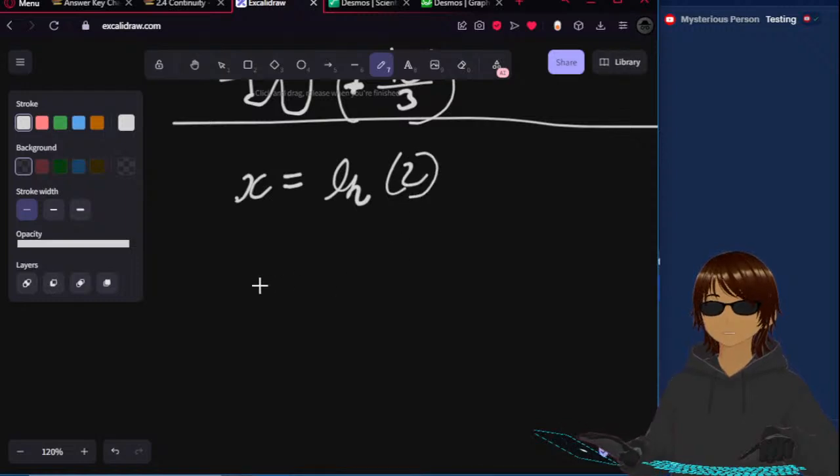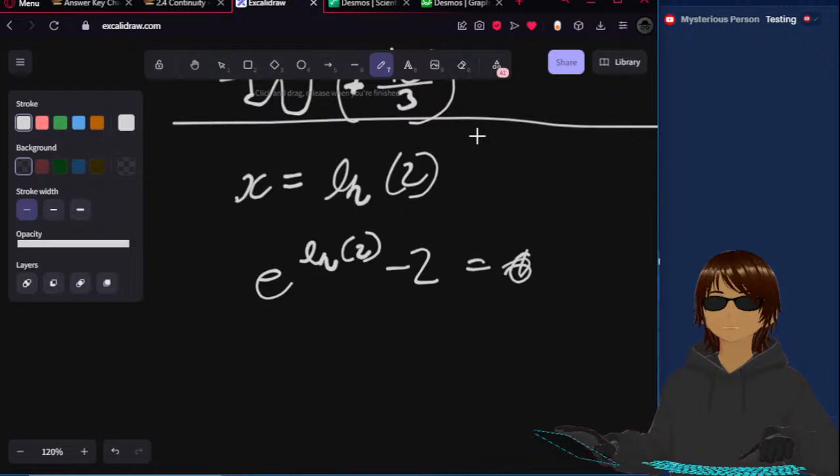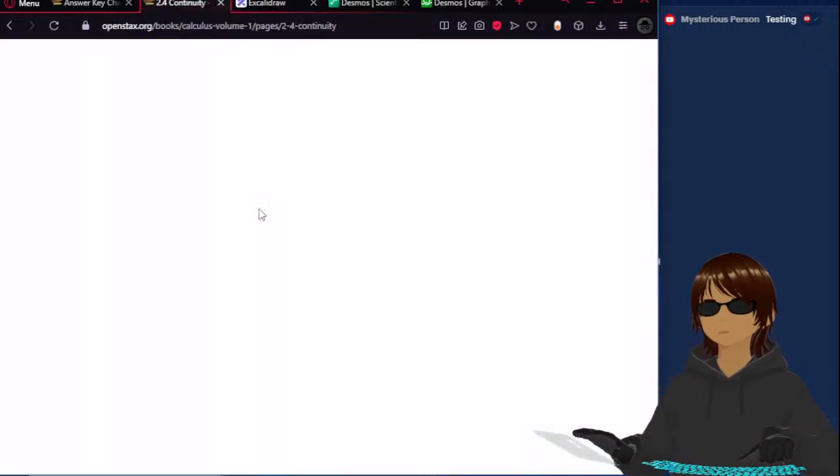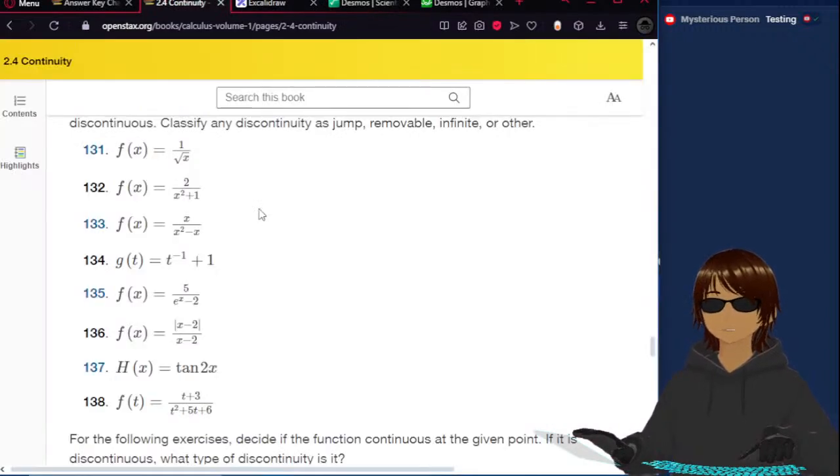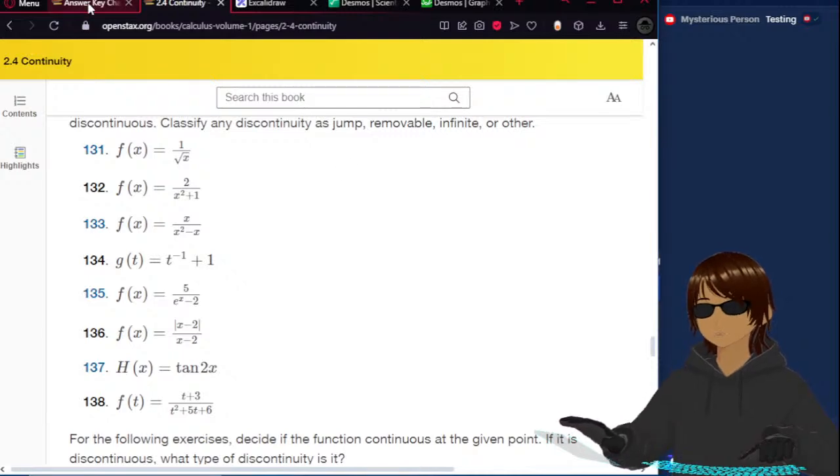Yeah. So then would be 0 because 2 minus 2. I think it would be an infinite discontinuity, maybe. 135.